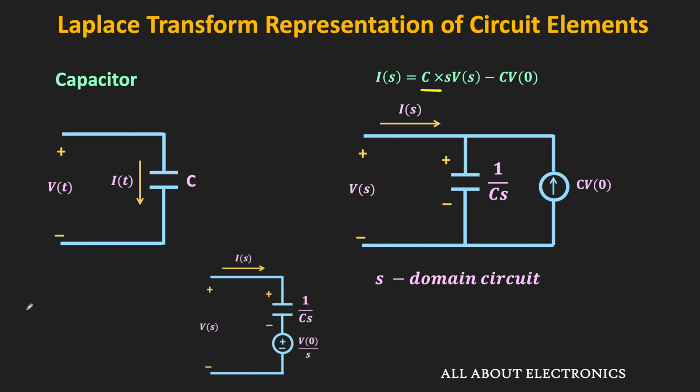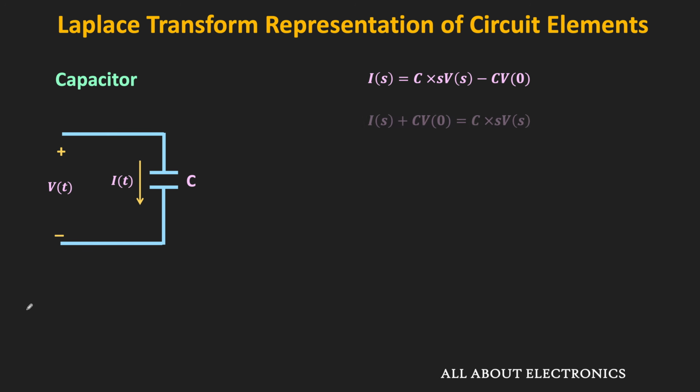But suppose you do not know the source transformation, then from this equation also we can get the same circuit. If we bring this term on the right hand side, then this is how we can write it. And now let us divide both sides by Cs. That means now this voltage V of S is equal to Is divided by Cs plus V0 divided by S, where 1 divided by Cs is the impedance of the capacitor.